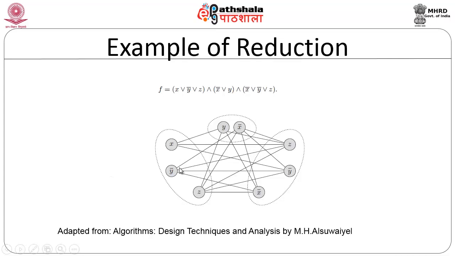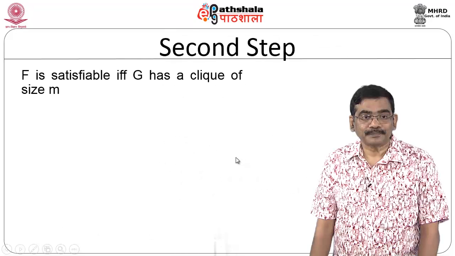Similarly, y bar is not connected to y. In other words, we are ensuring that if an edge connects two literals, they are not a negation of each other. By ensuring that, we get a graph like this. This is a reference source where you can find this particular problem.